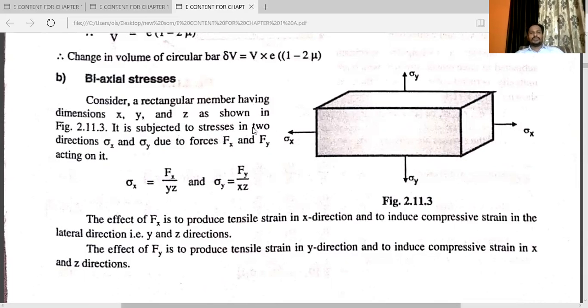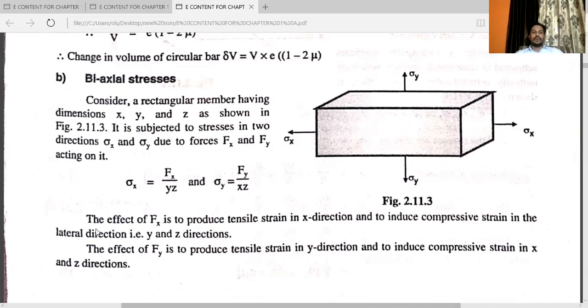It is subjected to stresses in two directions, sigma x and sigma y, due to forces Fx and Fy acting on it. Sigma x is equal to Fx upon y into z. Sigma y is equal to Fy upon xz, because the dimensions are x, y and z.